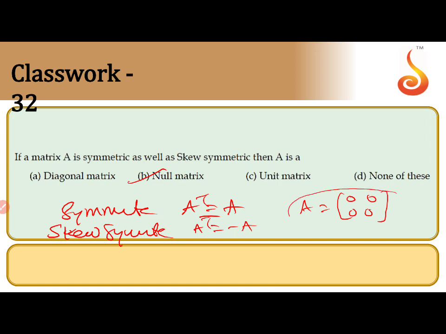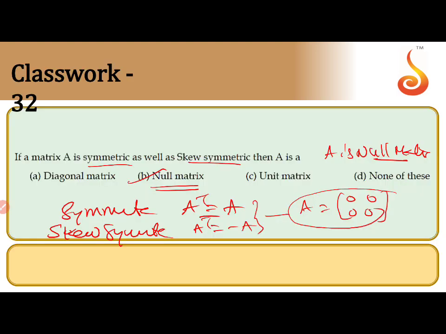That means only the null matrix gives both conditions simultaneously. So the answer is the null matrix. Answer B is correct only.